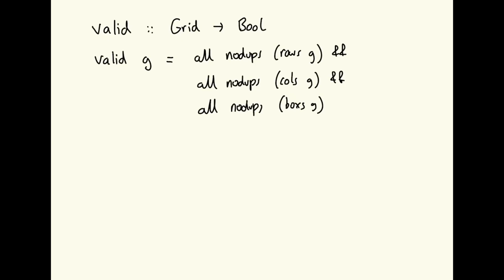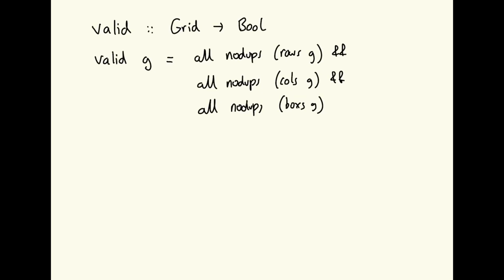This is essentially just a one-line definition which I've written over 3 lines here because otherwise it wouldn't fit on the screen. So a grid is valid if there's no duplicates in any row, any column, or any box. This basically translates directly into Haskell code.